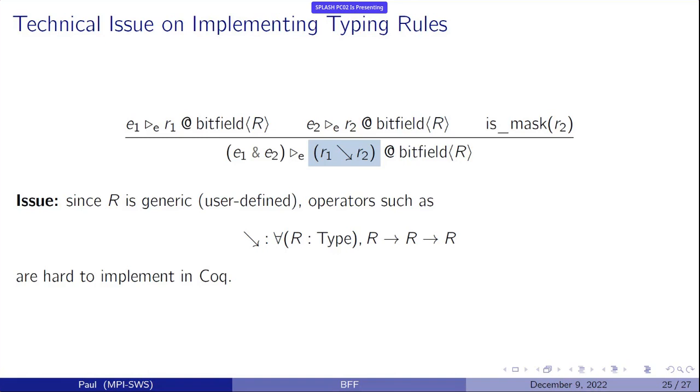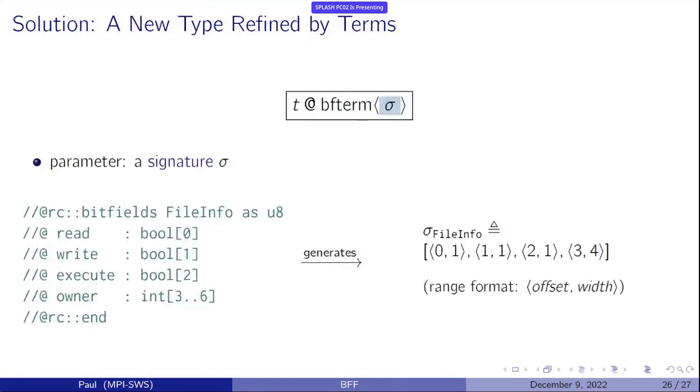So to fix this technical issue, a possible approach is that instead of using this generic operation, we can have a more general representation of structured bit vectors that are independent of the user-customized types. So our idea is to introduce a new type refined by this kind of representation.